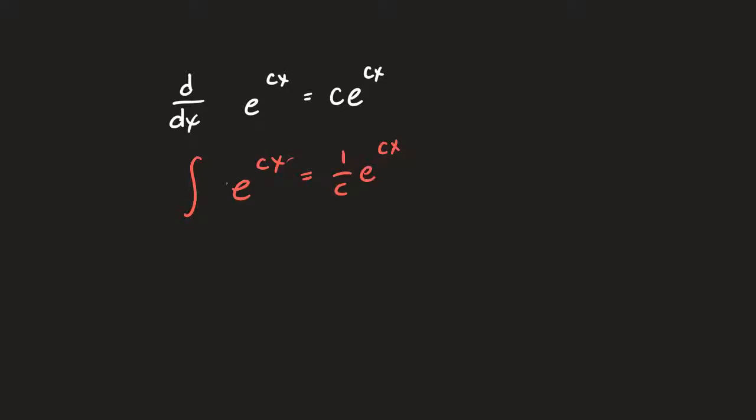And I'm going to tell you right now, you should have one. You should be able to do this now. Because I'm going to need you to do the reverse. Meaning, I'm going to need you to be able to find the antiderivative of this as well.